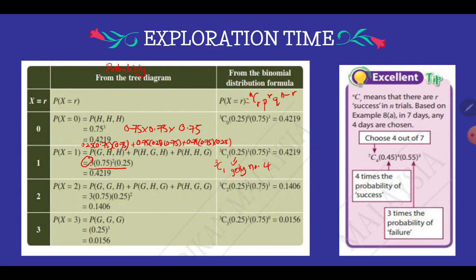The same goes for 3C2, which is P(X equals 2), where we defined getting number 4 twice. So 3C2 means from 3 flips we get number 4 twice, that is why 0.25 to the power of 2, and 0.75 to the power of 1 means we get only one flip that is not number 4. Understand? Easy, right? Okay, next.